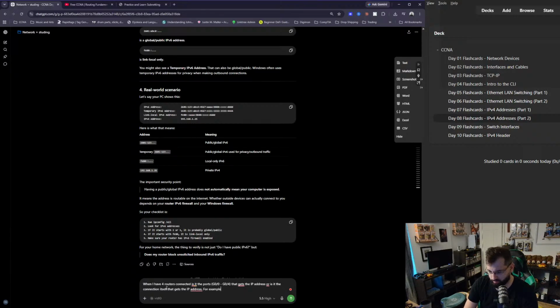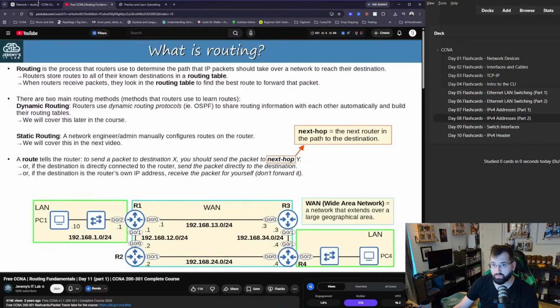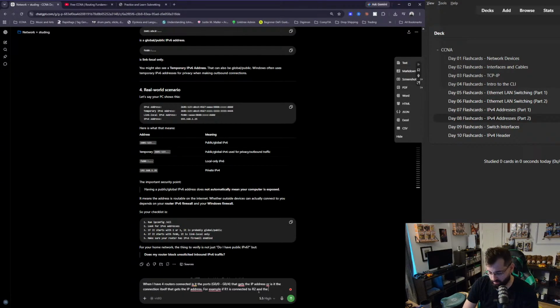For example, if R1 is connected to R2, and the cable is connected to G0/0 on both routers, do both router ports get the same IP address, or do they have different ones?